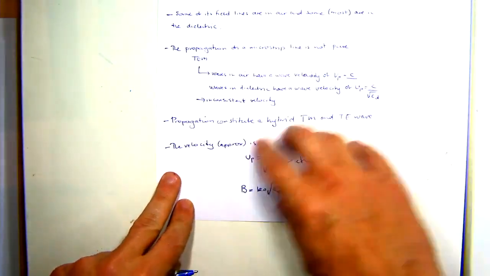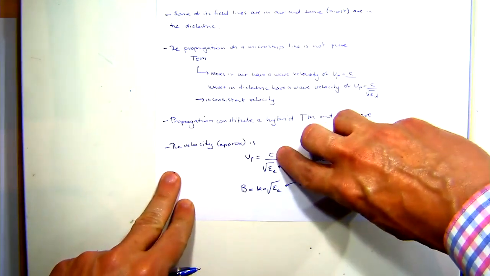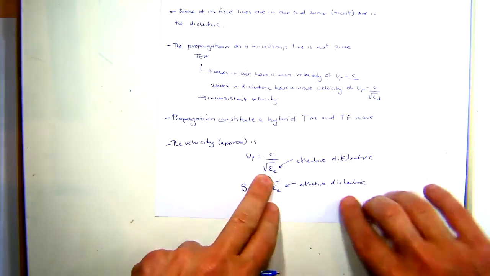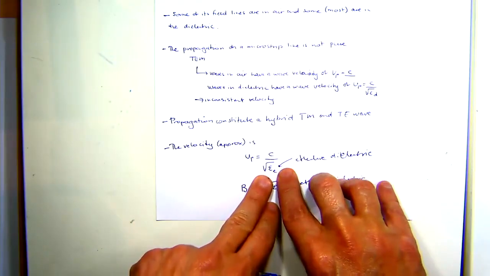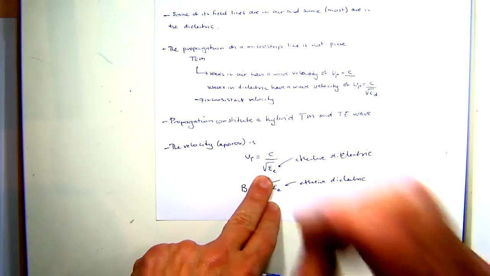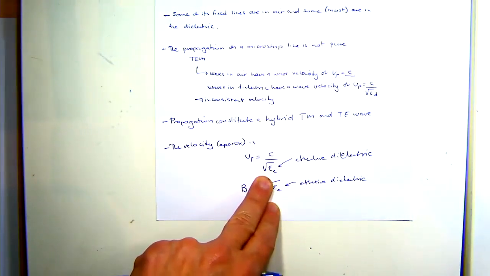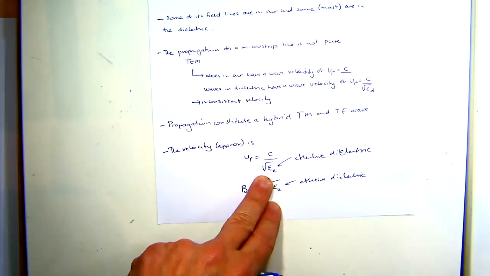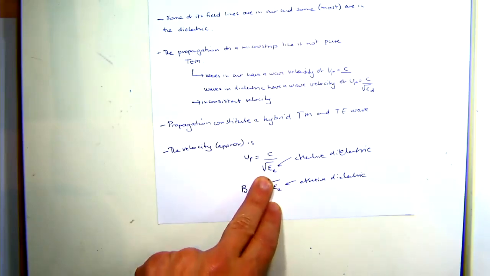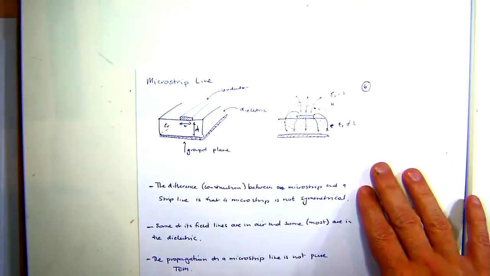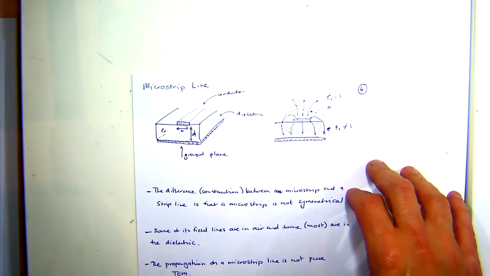So the phase velocity is just the speed of light divided by essentially what I refer to as the effective dielectric constant, right? And why am I introducing this concept of effective dielectric constant? How is this different to a strip line?